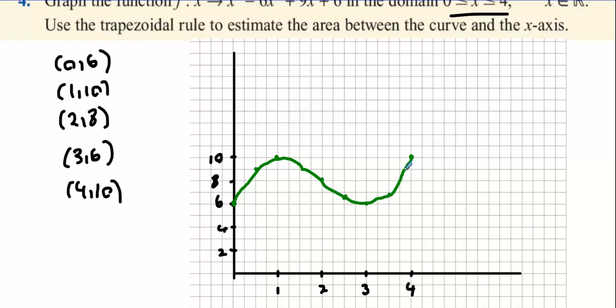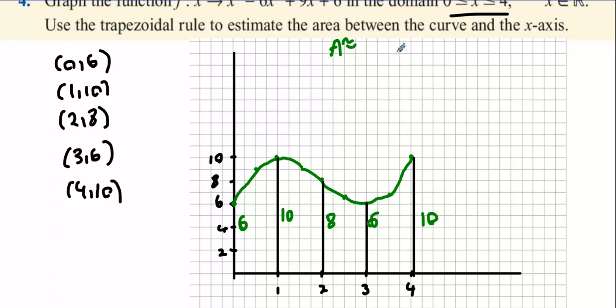Now, to set it up for the trapezoidal rule, this is 1, that's 2, that's 3, that's 4, okay? So our heights are 6, 10, 8, 6, and 10. Please remember our area is equal to h over 2, first plus last plus 2 times remaining.